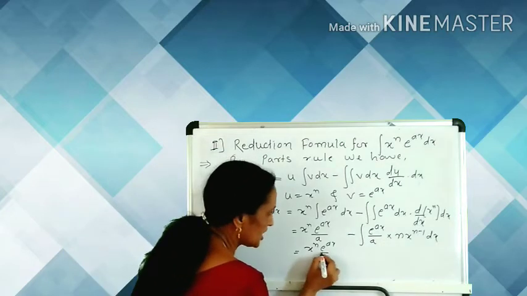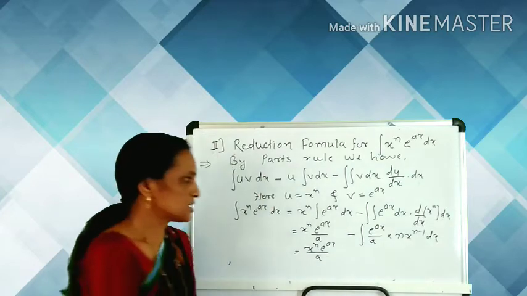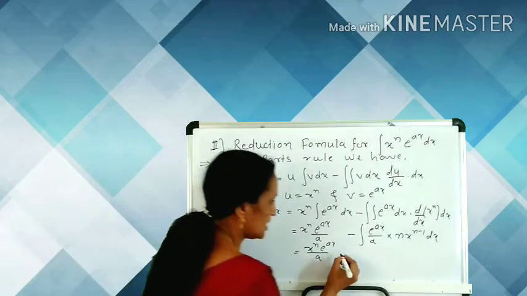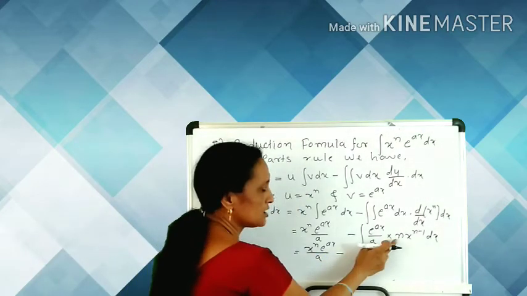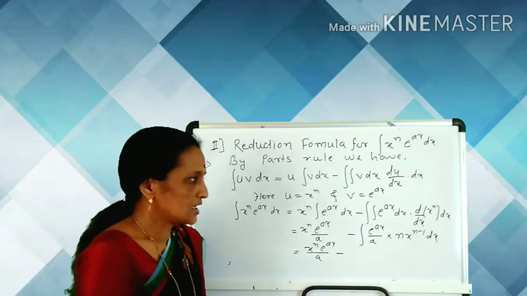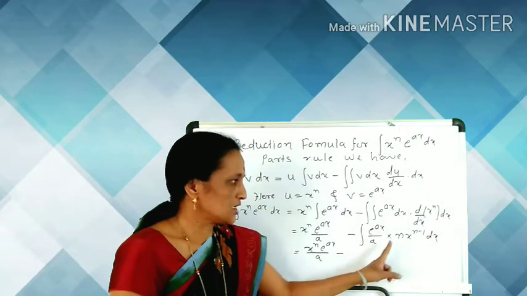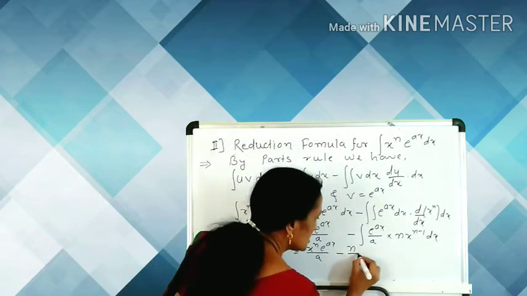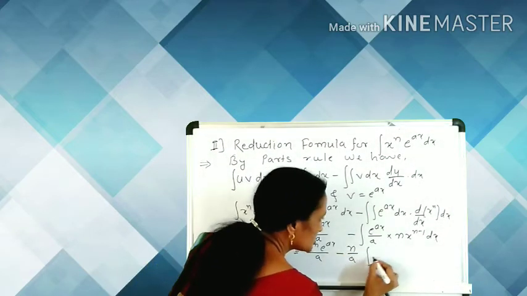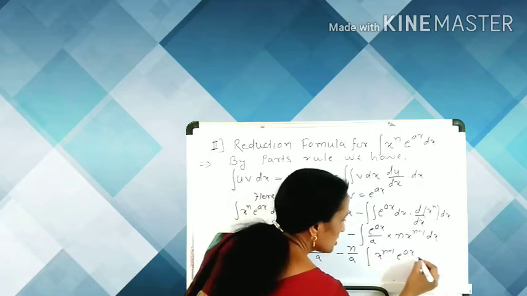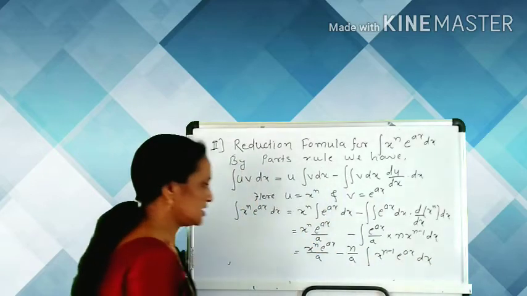Now, we write the first term as the same, x raised to the n, e raised to ax divided by a, and minus we take the constant present in this integral outside the integral, and that constant is n divided by a. So I write here n divided by a integration of x raised to the n minus 1 e raised to the ax multiplied by the dx.